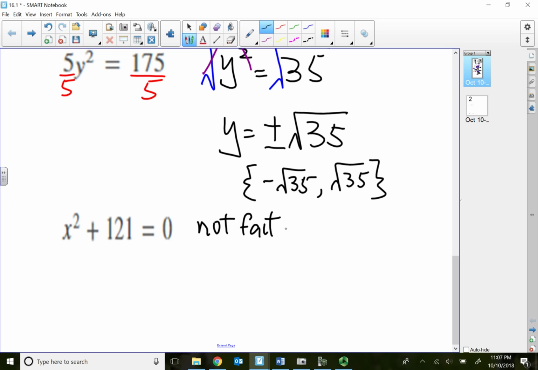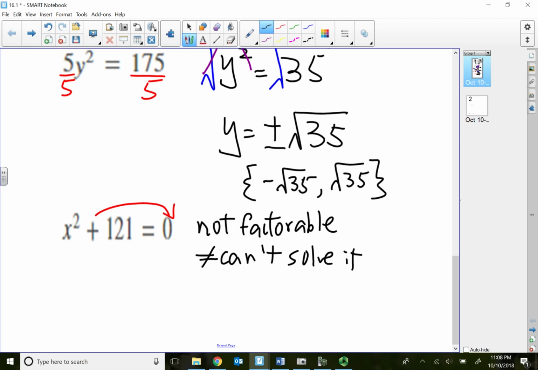Not factorable is not the same thing as can't solve it. We can actually solve it, we just cannot solve it by factoring. Since I only have two terms, the way we solve it is by isolating the x squared term. So I'm going to move my positive 121 to the other side so I get x squared equal to negative 121.